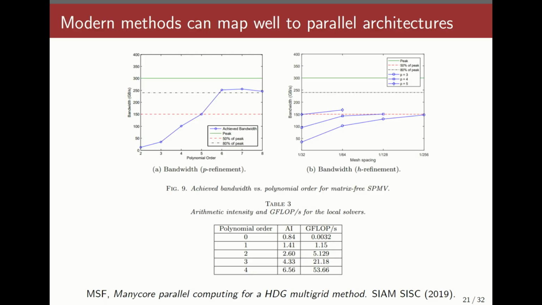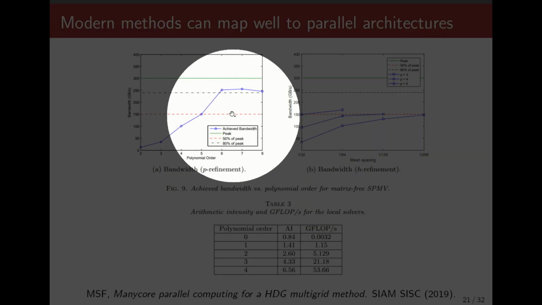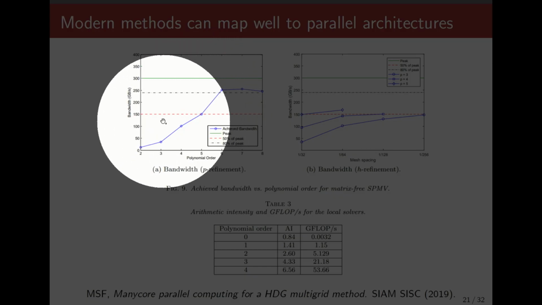All right, so another thing with more modern computational methods is that I'm looking at their performance as well. In many cases, I've actually shown that these techniques can map well to parallel computational architectures. What I'm showing up here is some bandwidth.